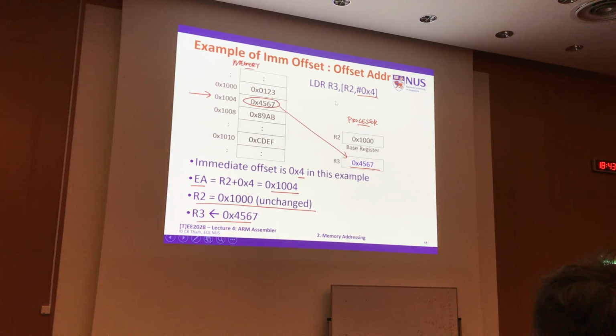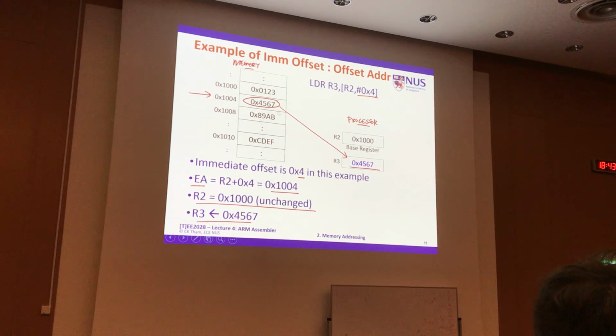Then, in order to load the value into R3, you need to know which value in memory to load from. One other important thing is load always involves a transfer between memory and a processor register. You are crossing the river between memory and processor, and store is the opposite, going from the processor register back to memory.